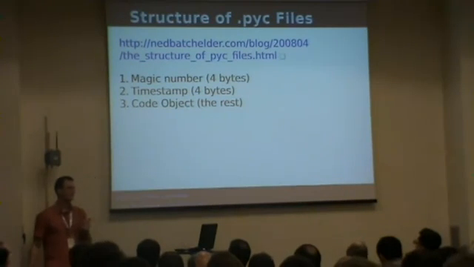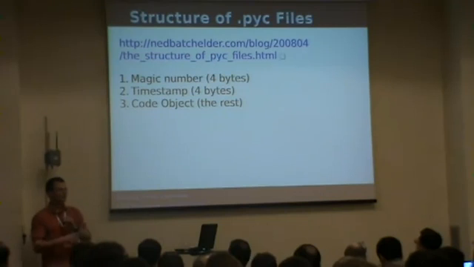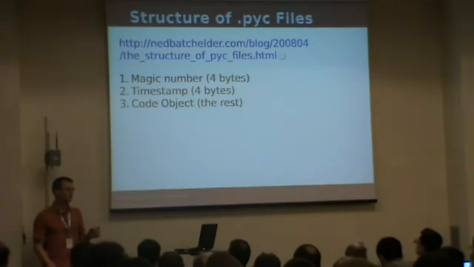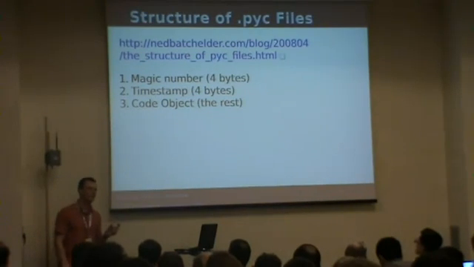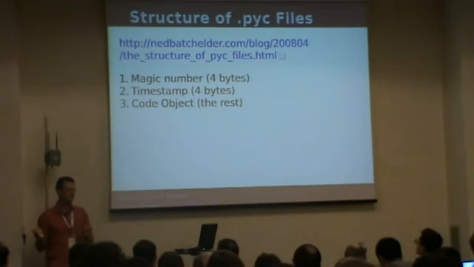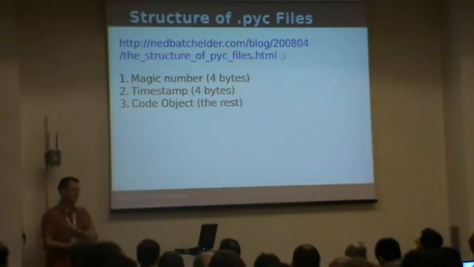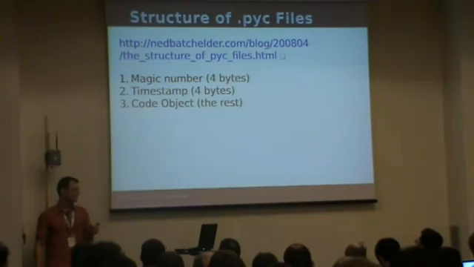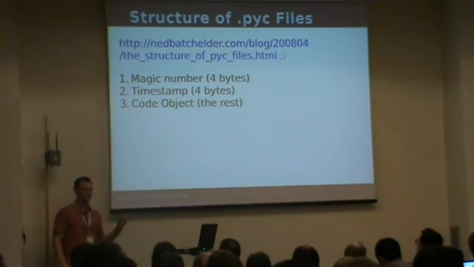The magic number is there for Python to know that it's got the right version of .pyc file. Bytecode files' format changes between major versions of Python, and it just needs to ensure that it's running the right bytecode file. If that magic number doesn't match, it's going to recompile the source and start again.